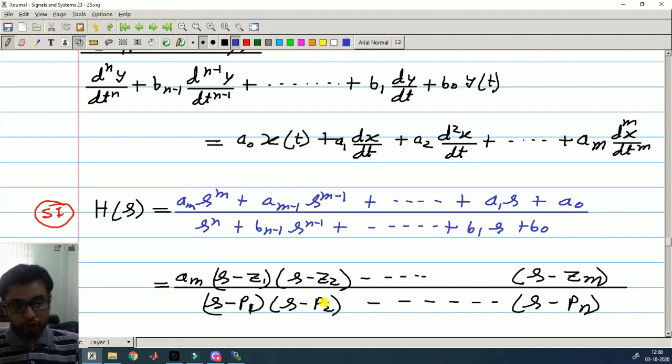These poles also must occur in complex conjugate pairs, or they should be purely real. Then when you multiply them, these coefficients bn minus 1, b1, b0 will be real, and that is necessary because they come from a differential equation describing a real practical system.